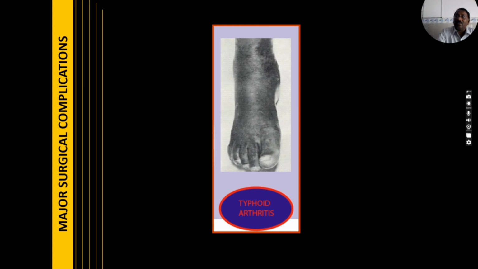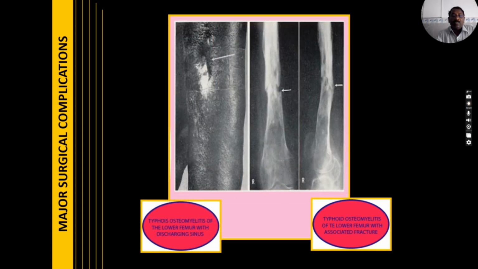So this is typhoid arthritis. Septic arthritis is very common, a polyarthritis. See here osteomyelitis, and sometimes even fractures. Typhoid osteomyelitis, the second one of the lower femur with associated fracture.